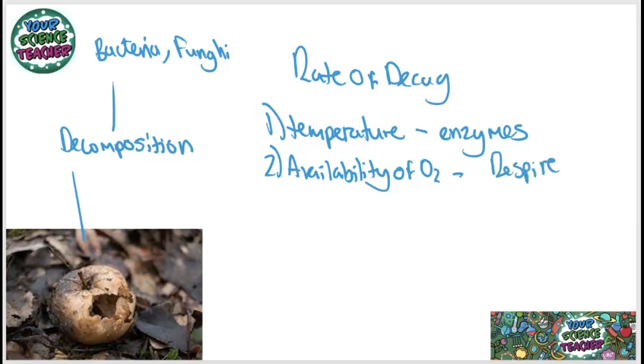And if there's more oxygen, they can respire faster and break down the organism faster. Finally, the rate of decay is also controlled by the amount of water available. Just think, decomposers require water in order to survive, in order to respire. So this is also going to be one of the factors that affects our rate of decay.